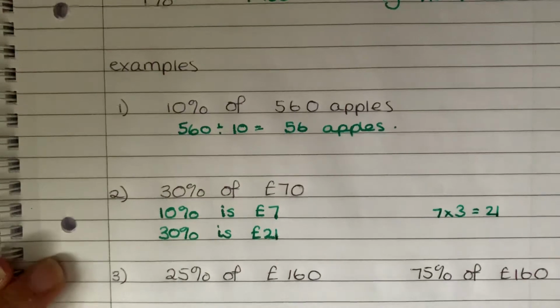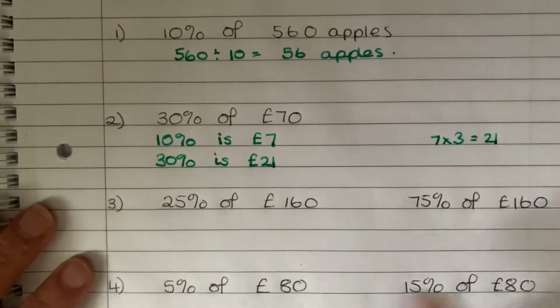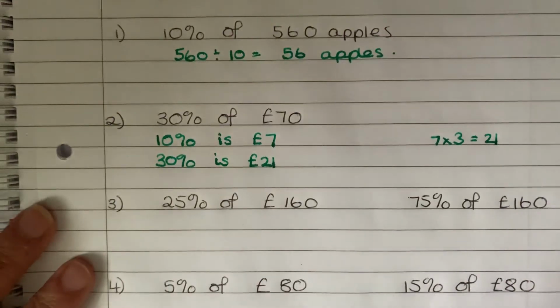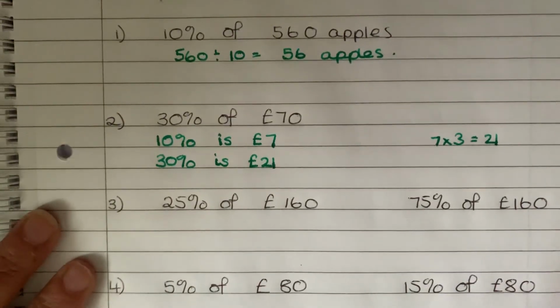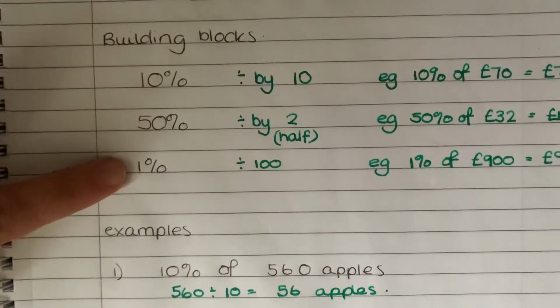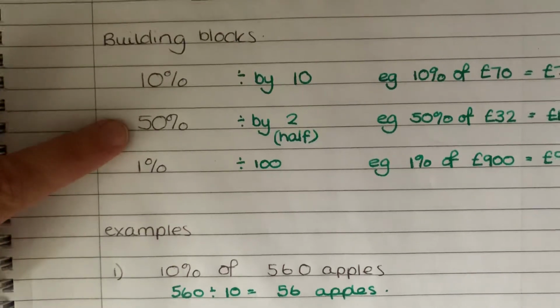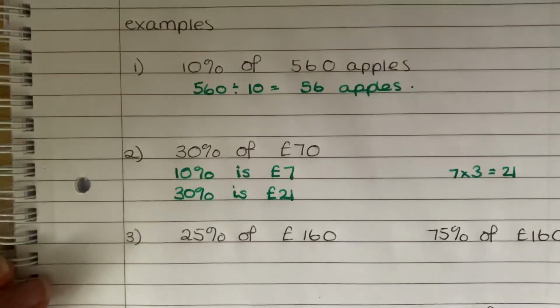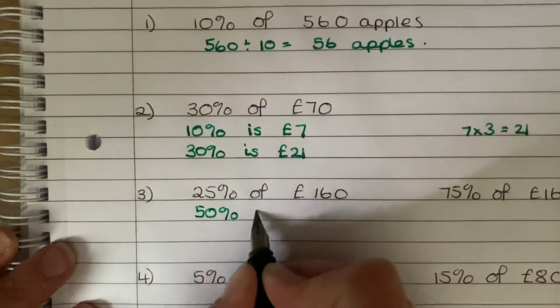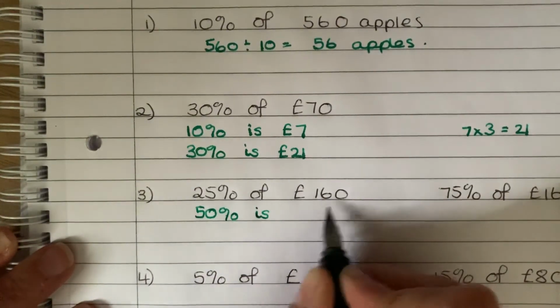Right, the next one, 25% of an amount. So we go back to our building blocks. What's going to help us find 25%? I've got 10, 50 or 1. I think in this case I'm going to use 50 and halve it. So I'm going to say 50% is going to be half of 160.